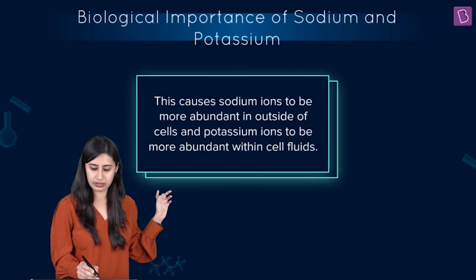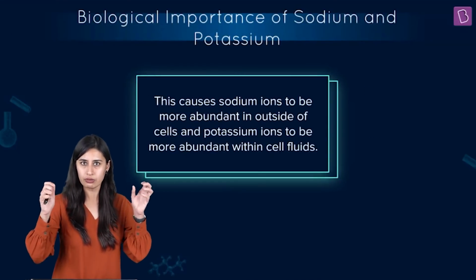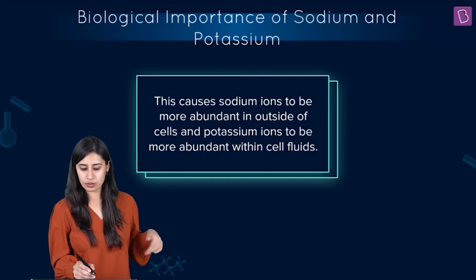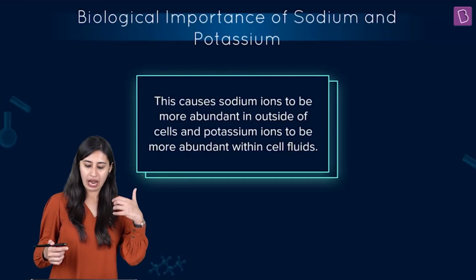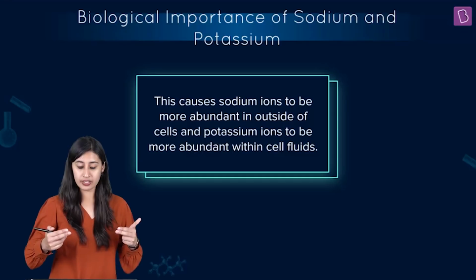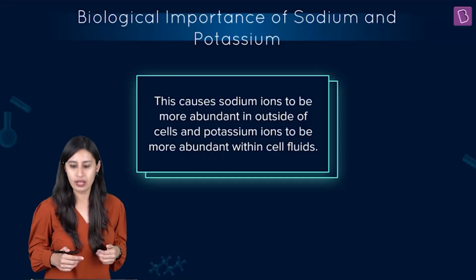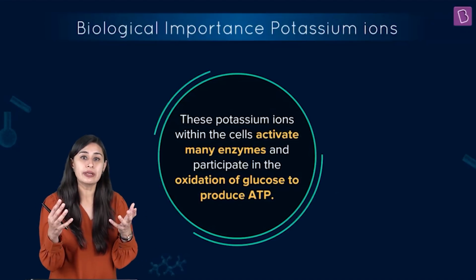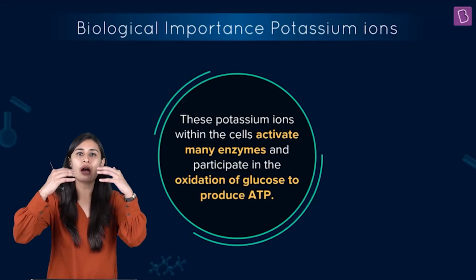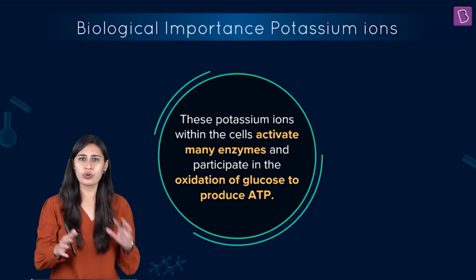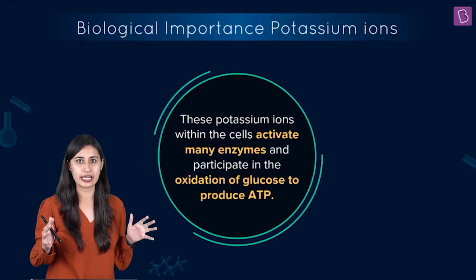This different penetration ability causes sodium ions to be more abundant outside of cells and potassium ions to be more abundant within cell fluids. So for every 3 Na+ that goes outside, 2 K+ enters inside. I'll show you how it happens inside the membrane as well.